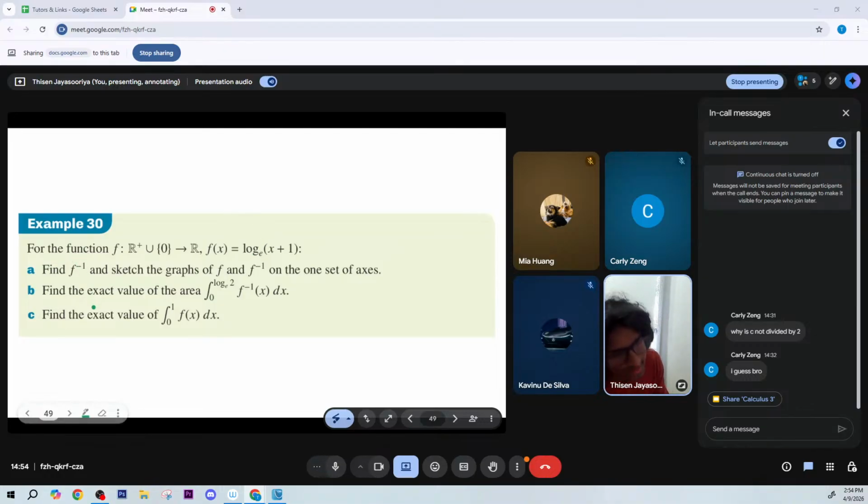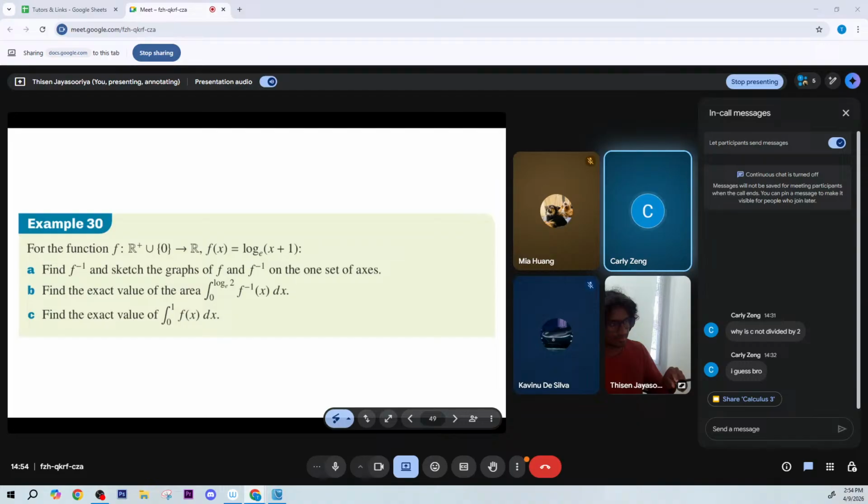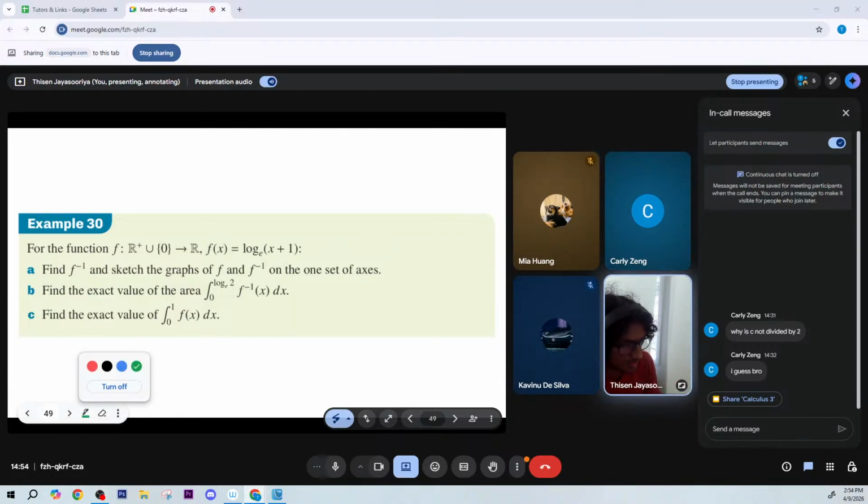So here, what is f inverse of x, Carly? How can we find f inverse of x? Is it 1 over x plus 1? Yeah. Wait, what? Is it not? So that's the derivative. What about the inverse?